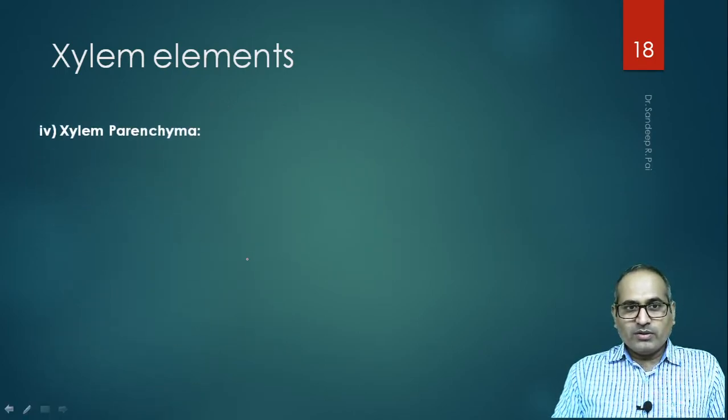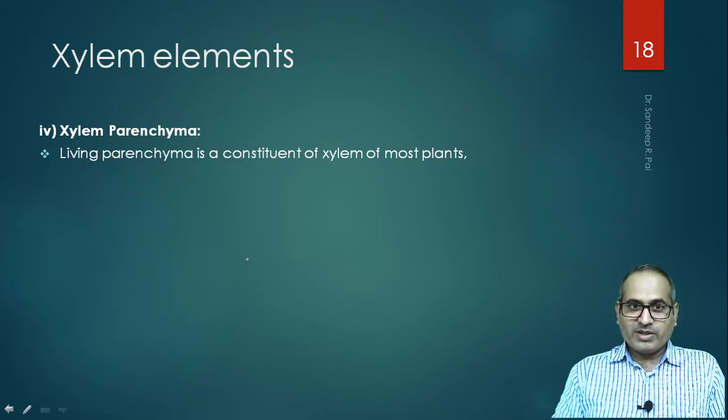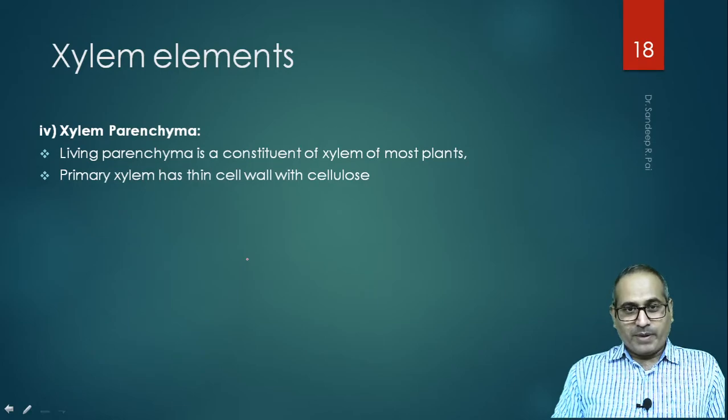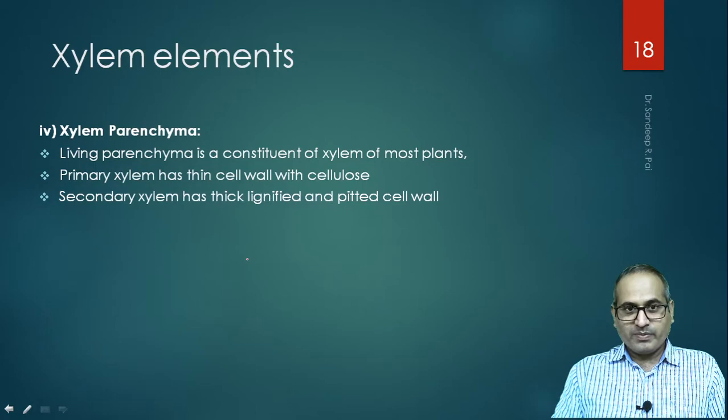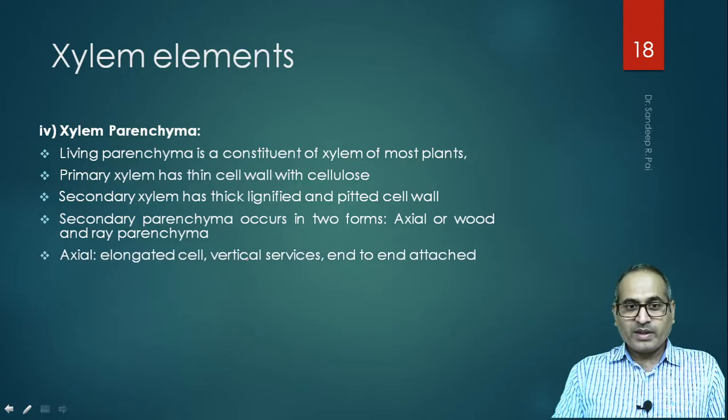Now we will move on to the fourth xylem element, which is xylem parenchyma. Living parenchyma is a constituent of xylem of most of the plants. So when it comes to xylem parenchyma, we say it is living. Primary xylem has thin cell wall with cellulose. Secondary xylem has thick lignified and pitted cell wall. Secondary parenchyma occurs in two forms, axial or wood parenchyma and ray parenchyma.